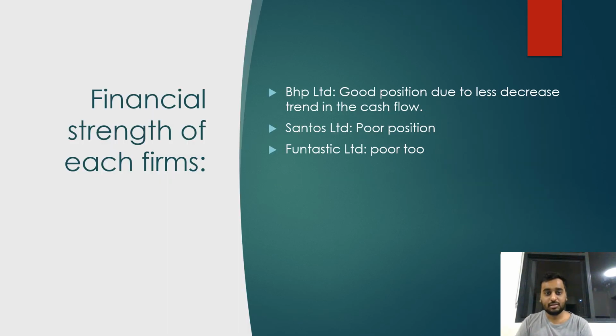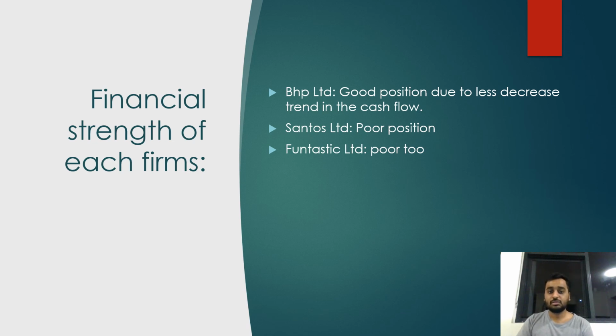As we go to the next slide, we can see the financial strength of each firm. BHP Limited is in a good position due to a less decreased trend in the cash flow. Santos Limited is in a poor position, and Fantasy Limited is poor too, because, as I described in the earlier slides, for BHP Limited the net cash flow is going up and it is good.